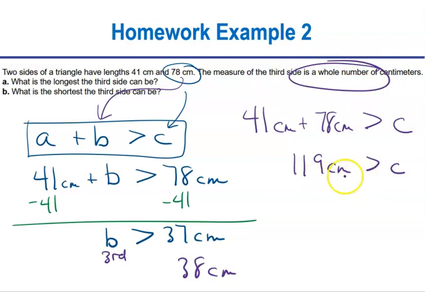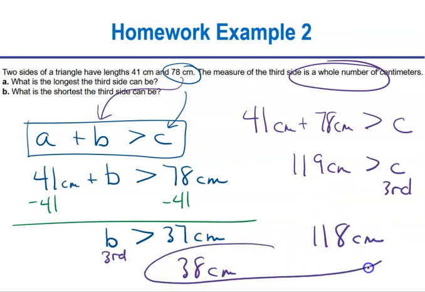On the other hand, over here, it says that 119 centimeters has to be bigger than C. So this time C is the third side. So what would C have to be? Well, if 119 is bigger than C, how about 118 centimeters?